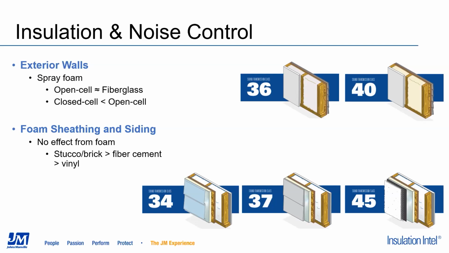Stucco performs the best of the three, given the additional mass that it adds to the assembly, and then fiber cement's in the middle, and vinyl is lower. So I do want to point out polyiso, any kind of AP foil product, those products really don't perform acoustically just because they don't add a lot of mass to a system. They do add some vibration isolation component, but not a lot.